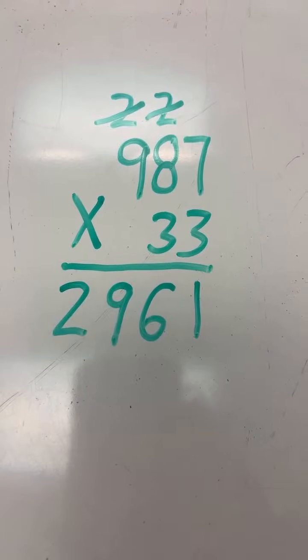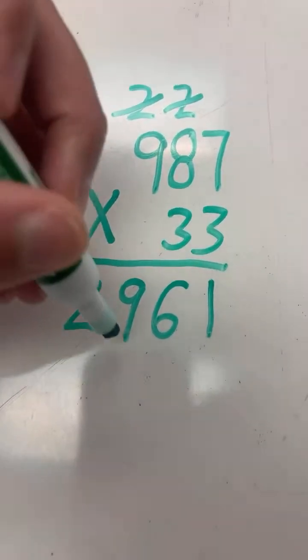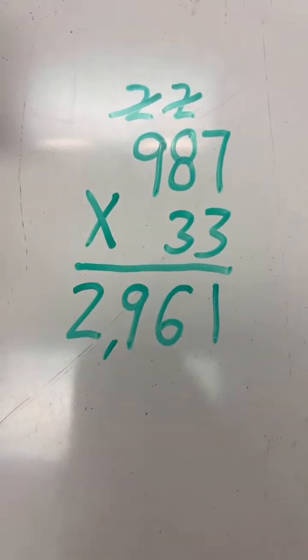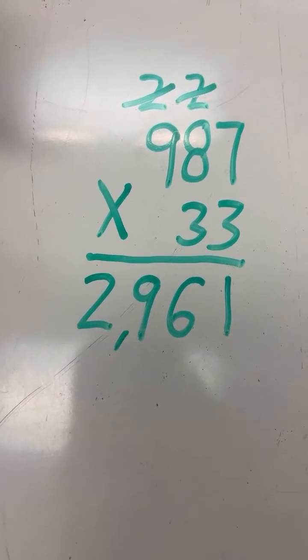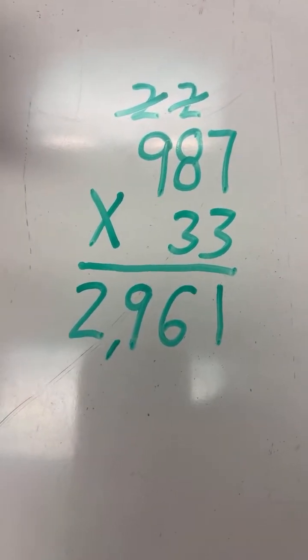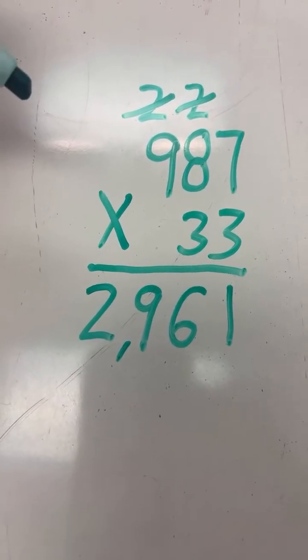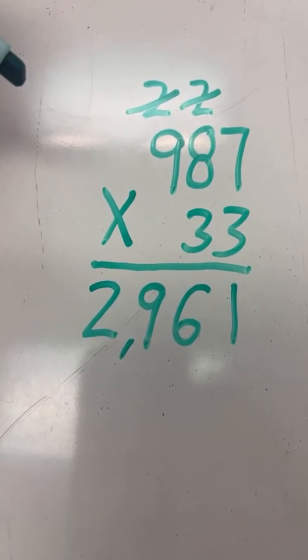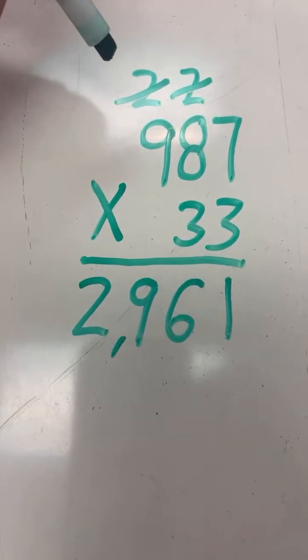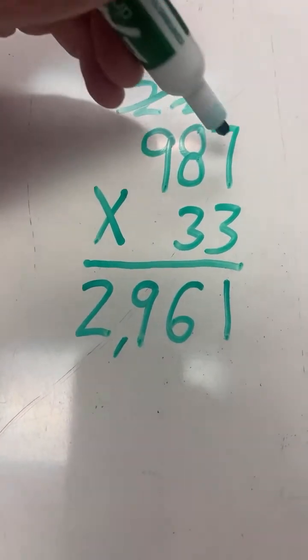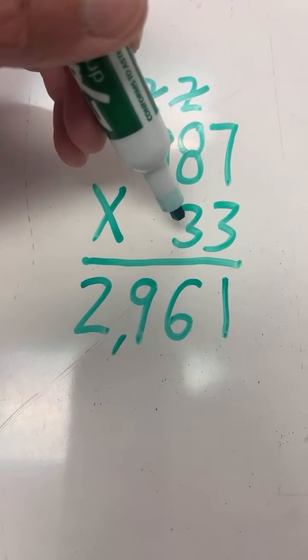All right, so far we have multiplied 987 times 3. So now we have to multiply the top 3 digits times the bottom digit in the tens place.